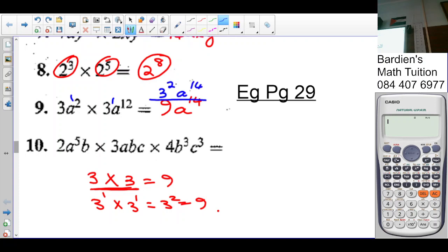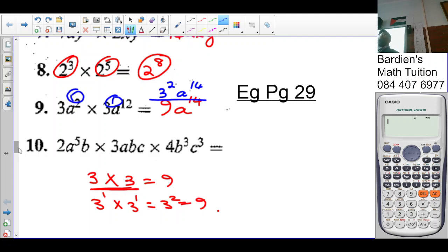If you had written that, it was better than what you've written. Why? Because when we're multiplying and bases are the same, we must add the exponents. You didn't add that 1 under the 3 and that 1 under the 3. So there already you're making a mistake.